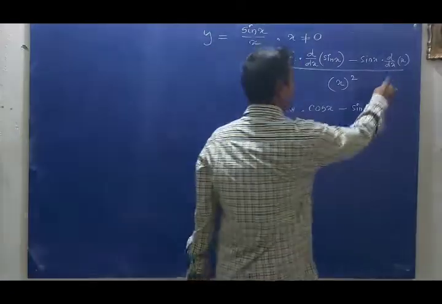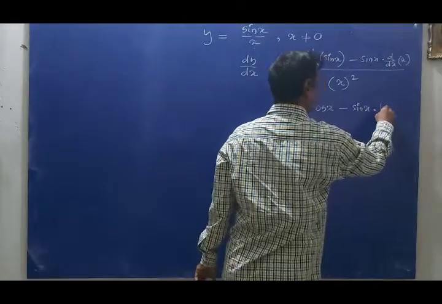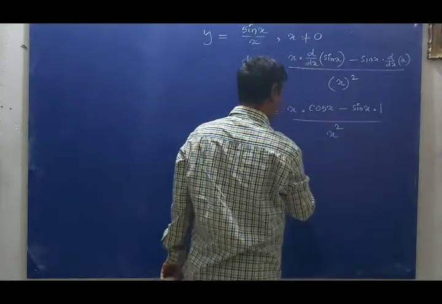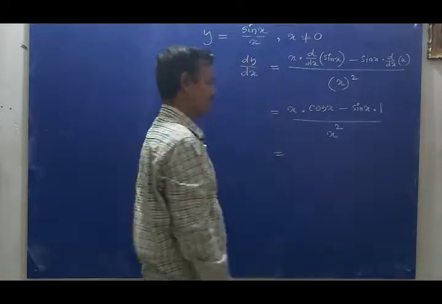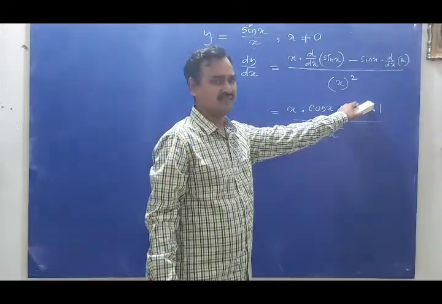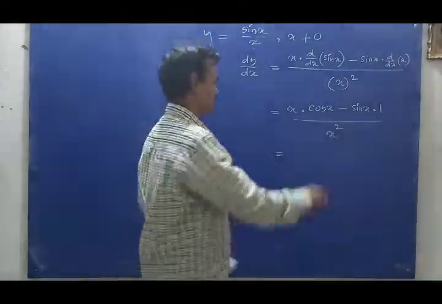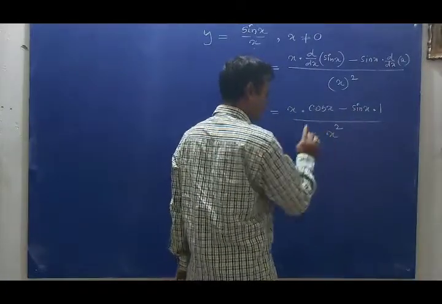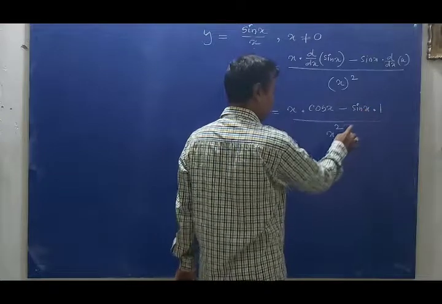into the derivative of x, which is 1, all by x square. Now a minus b by c, what is the formula? It is a by c minus b by c.